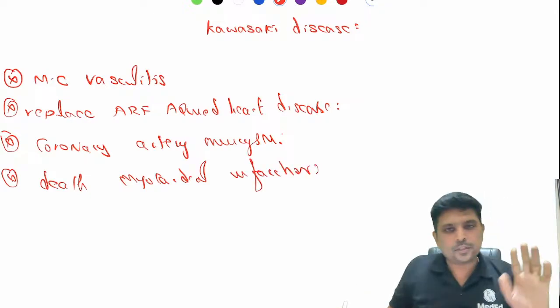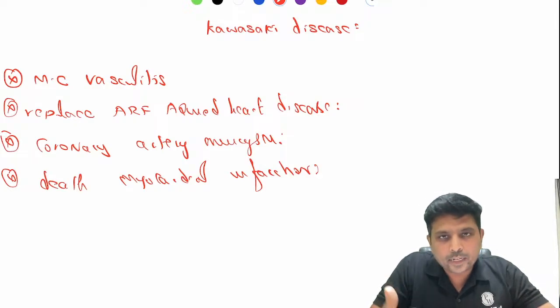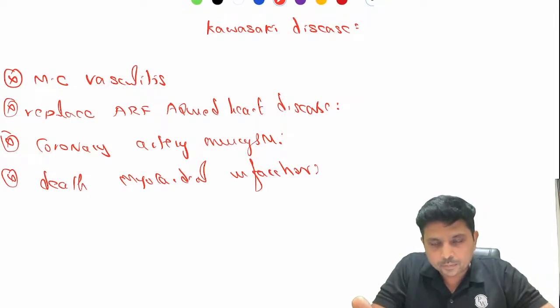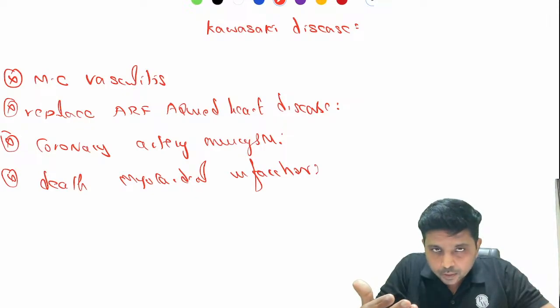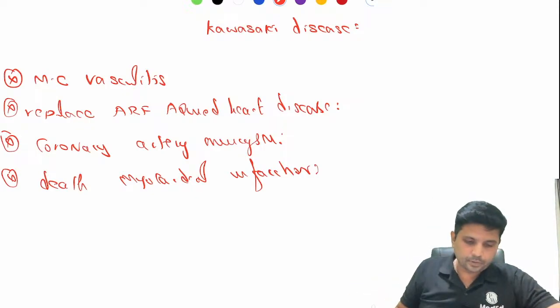So whenever any child between 10 to 20 years dies of myocardial infarction, always you need to think in terms of Kawasaki disease, right?